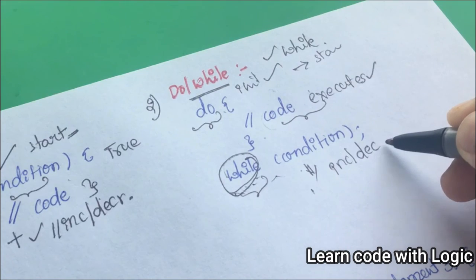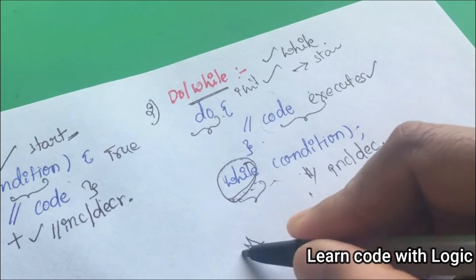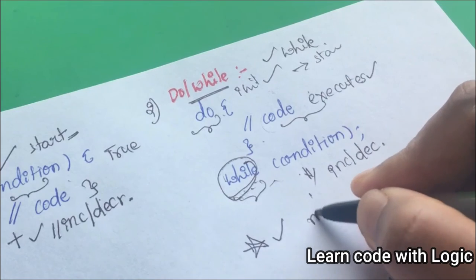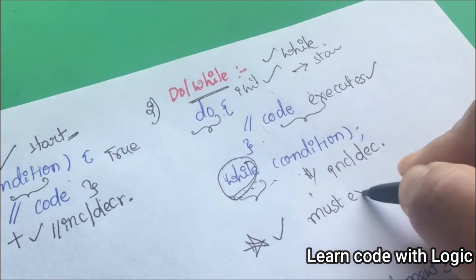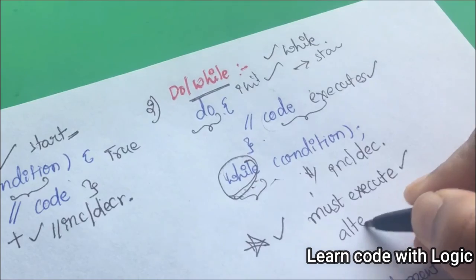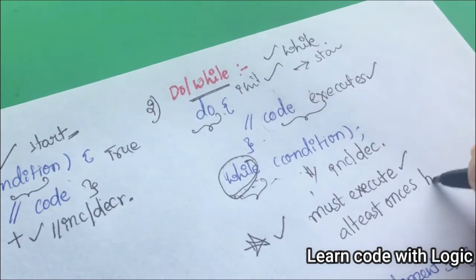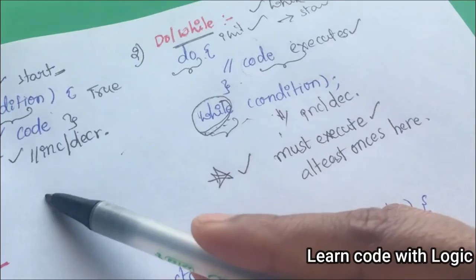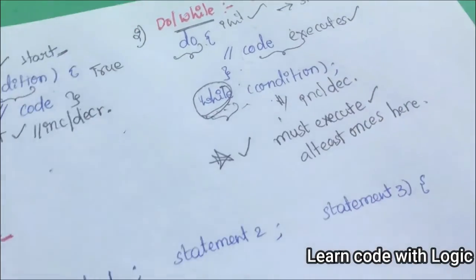After that increment or decrement. We need to remember here one thing is the code must be executed at least once here. That is the main difference between while and do while loop.